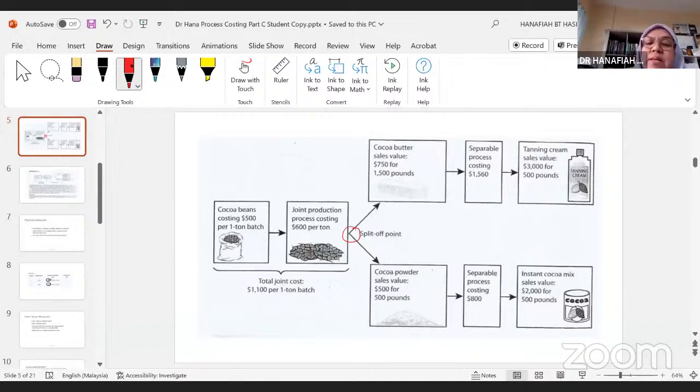Okay. Yes. This stage, it is up to you actually. Once the product is ready, you can sell it. This is set by you, okay? Let's say we have process 1 plus process 2, and it is finished goods, okay? So you can stop here, and you can sell the product. Sell for, let's say, 20 ringgit.